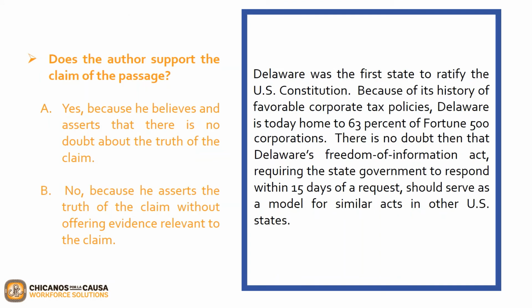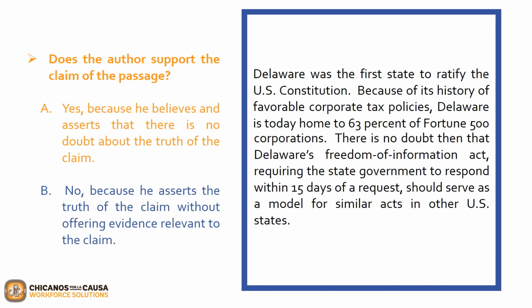Now, let's answer the question. Does the author support the claim of the passage? A. Yes, because he believes and asserts that there is no doubt about the truth of the claim. B. No, because he asserts the truth of the claim without offering evidence relevant to the claim. If you chose B, you are correct.